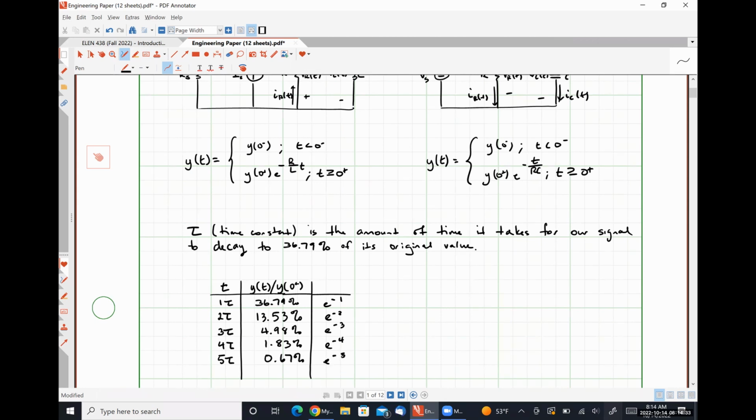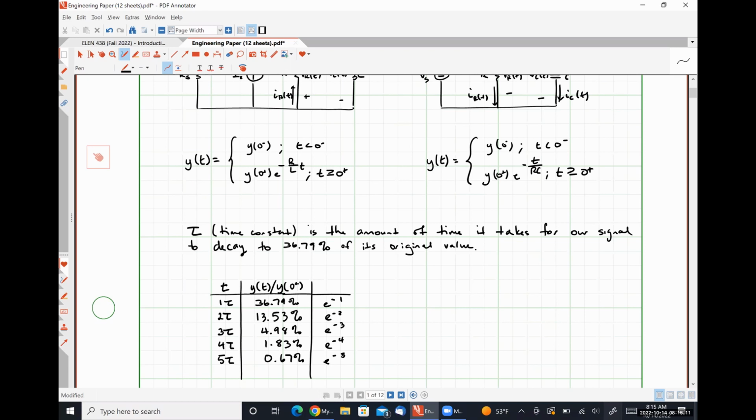This is where we're going to stop. Why we're stopping here is because it's generally accepted within the electrical engineering community that 5 time constants represents t is equal to infinity. Our signal has decayed to less than 1% of its original value, which implies that our capacitor has transferred over 99% of the energy that's stored, or our inductor also has transferred over 99% of all the energy that it has stored.